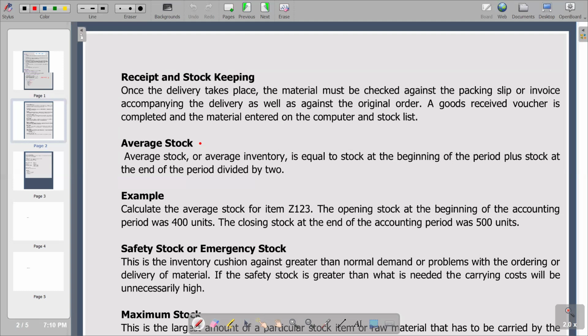Maybe there is higher demand for our goods than normal. We should have a reserve of those goods so that we are able to supply. That reserve is explained as safety stock, a cushion against instances of, for example, higher demand than normal.